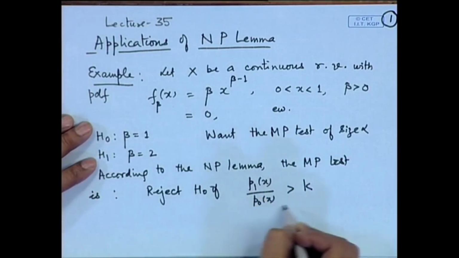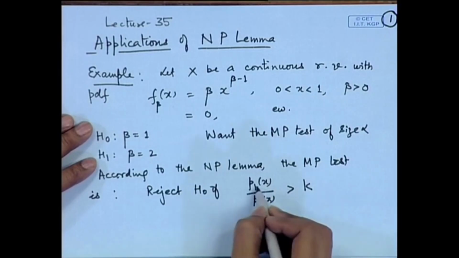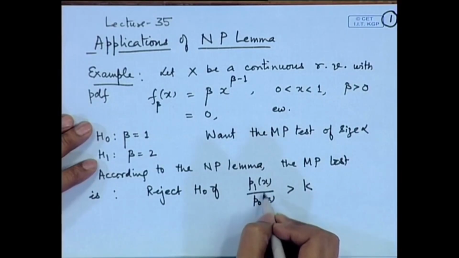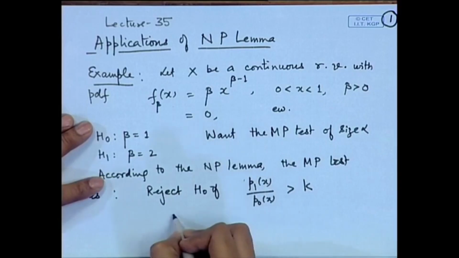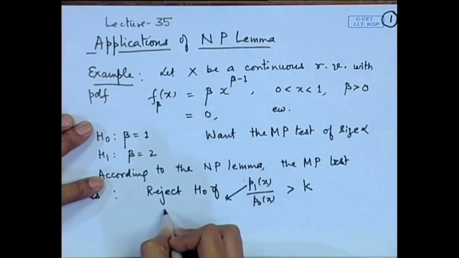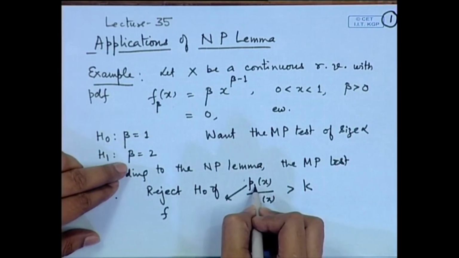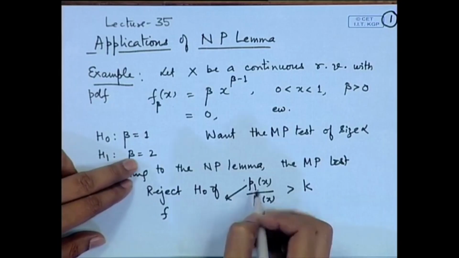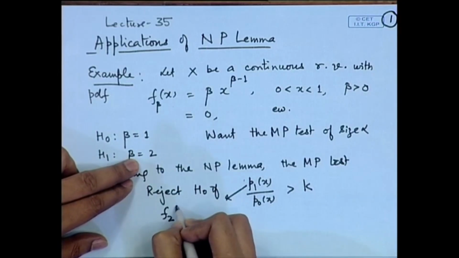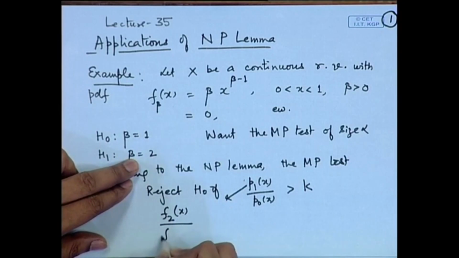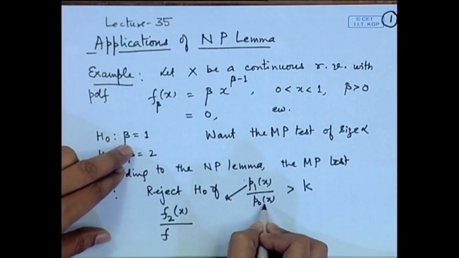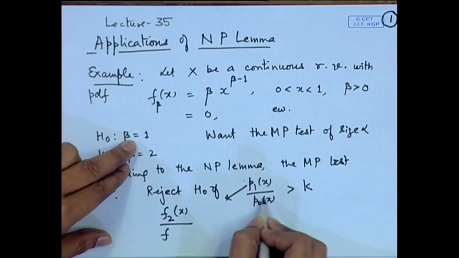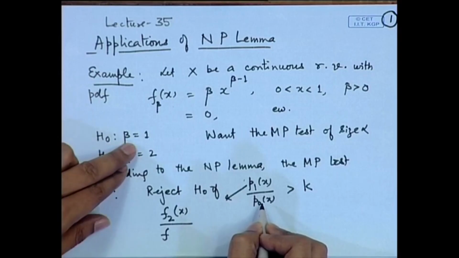Now, this is the quantity which we can analyze here. What is p 1 and what is p naught here? p 1 corresponds to the value of the probability distribution or density when the alternative hypothesis is true. So, here it will be f 2 of x divided by p naught, which is the value of the probability distribution when the null hypothesis is true.